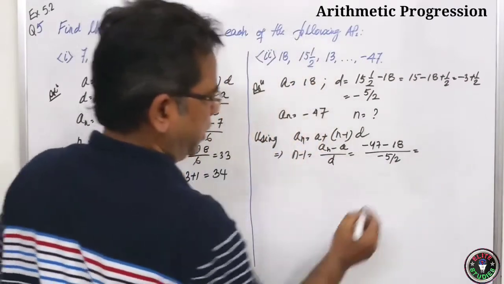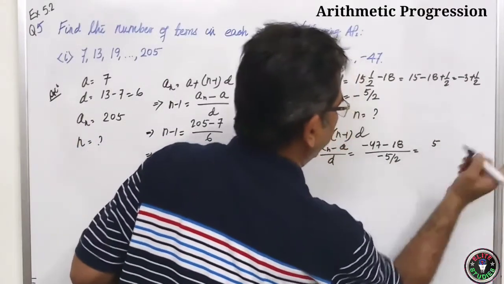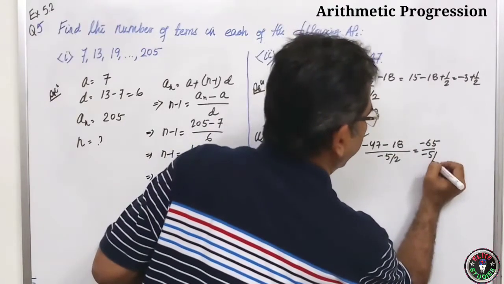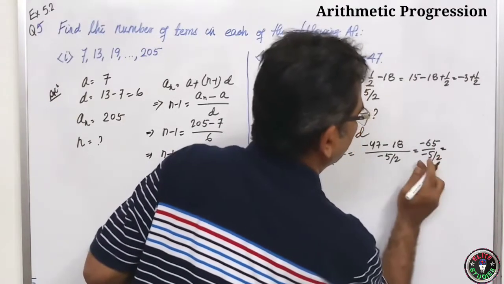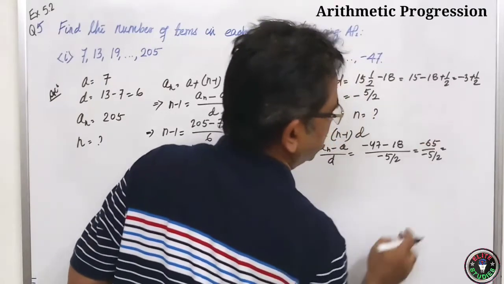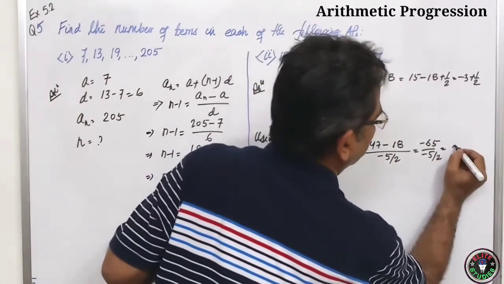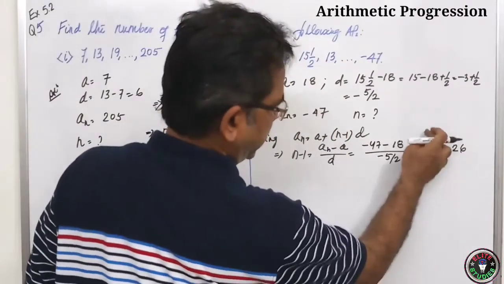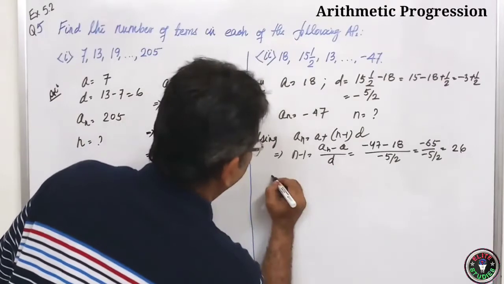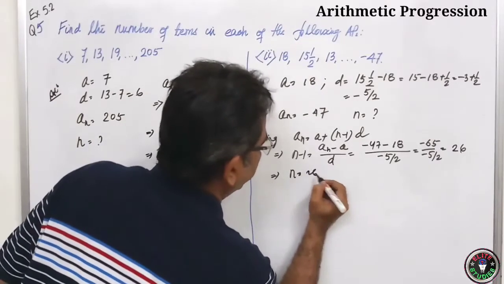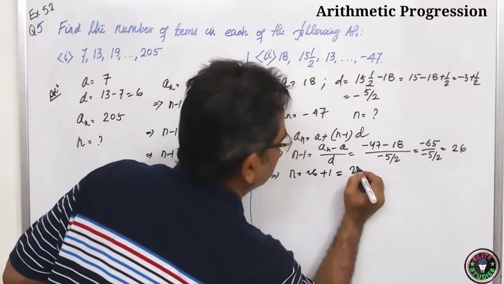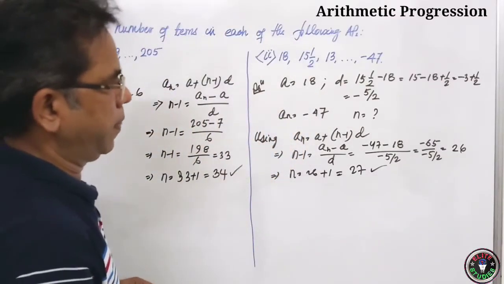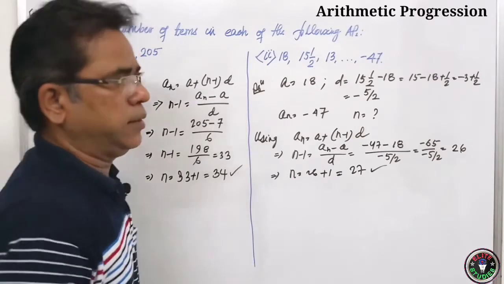So it is minus 65 divided by minus 5 by 2. The 5 cancels, 13 times 2 is 26. Therefore n is equal to 26 plus 1 is equal to 27. We have got the answers. Clear? Take the screenshot please.